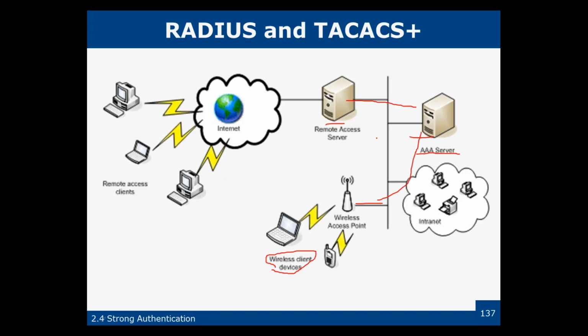A Radius server can authenticate numerous devices. The PEAP for the wireless access point would use the Radius server. The remote access server uses the Radius server. We can have a lot of different devices, so we can have large-scale authentication. Radius is Remote Authentication Dial-In User Service.